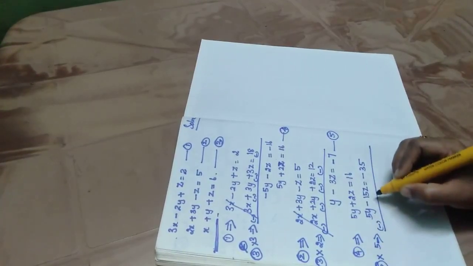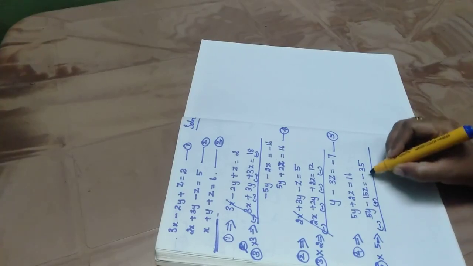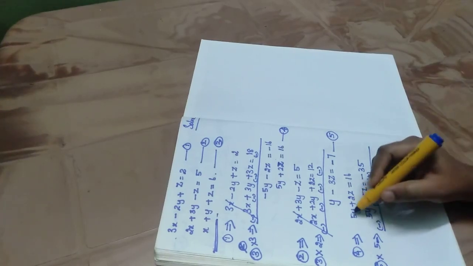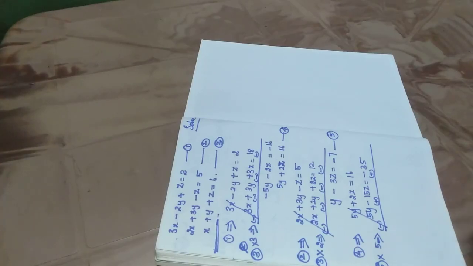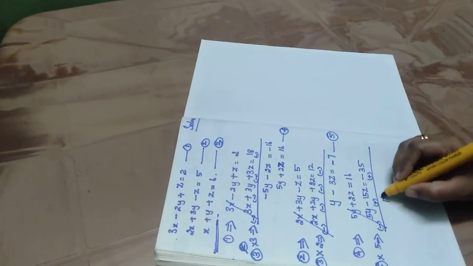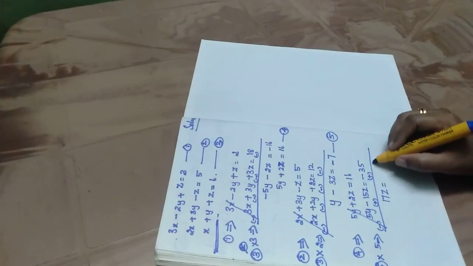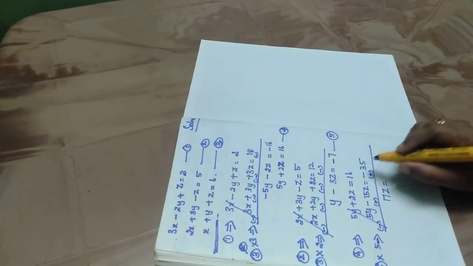So minus plus, cancel. Now here 17z is equal to 51.